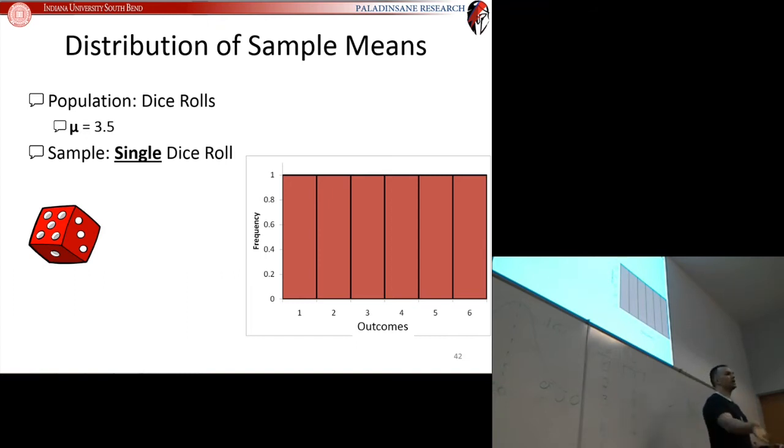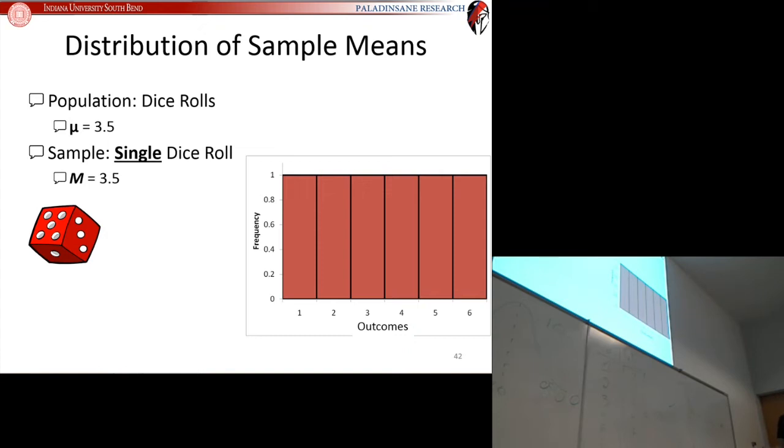So if you roll 1 die, you roll a 1, the mean of that is 1. You roll another die, you roll a 5, the mean of that roll is 5. You roll it again, you roll a 6, the mean of that roll is 6. If you take a look at the mean of all the sample means, and there's your inception thing, you'll find that your mean is once again 3.5. That's very important because that matches up with our population mean.